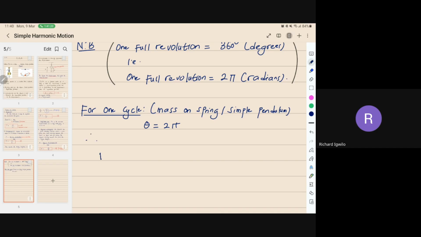Therefore, we have W will be equal to 2 pi all over.